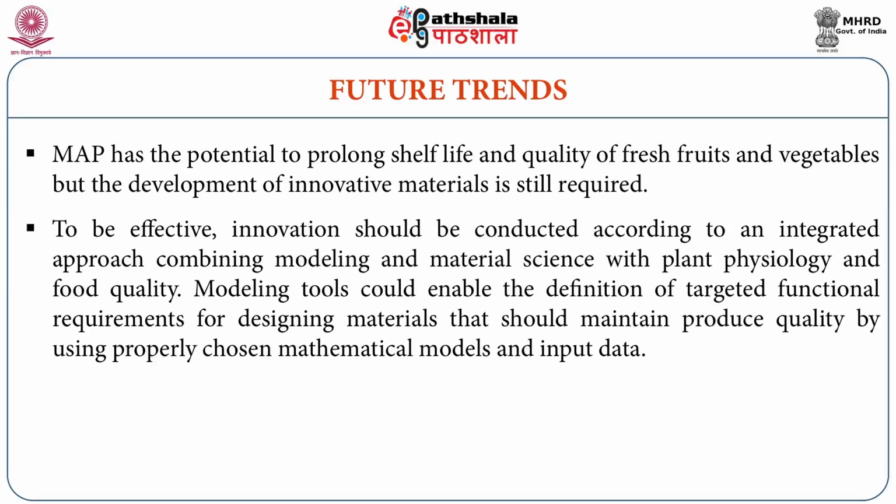To be effective, innovation should be conducted according to an integrated approach combining modeling and material science with plant physiology and food quality. Modeling tools could enable the definition of targeted functional requirements for designing materials that should maintain produce quality by using properly chosen mathematical models and input data.